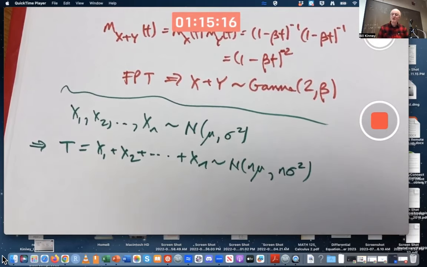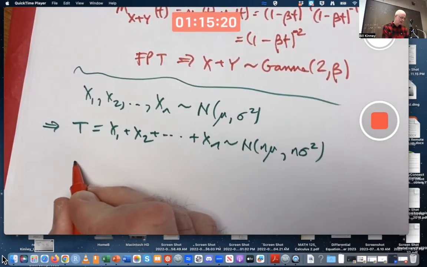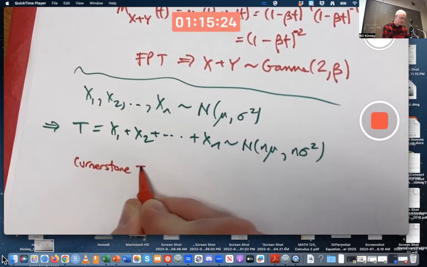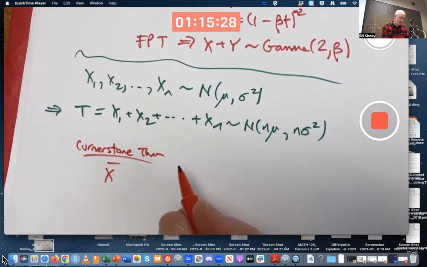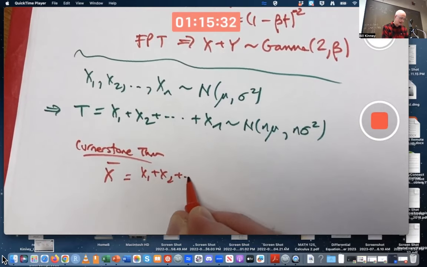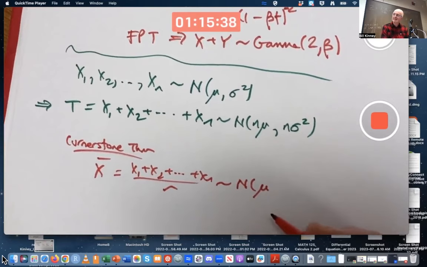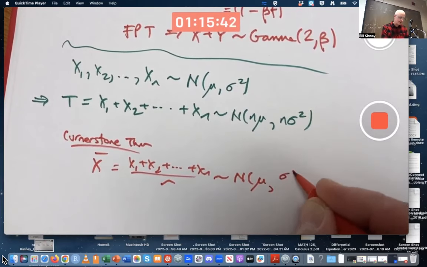What about the distribution of the mean? That's the cornerstone theorem. X bar, the mean, is normally distributed with the same mean as the population, and variance equal to sigma squared over n.